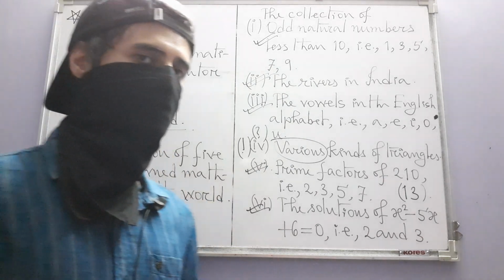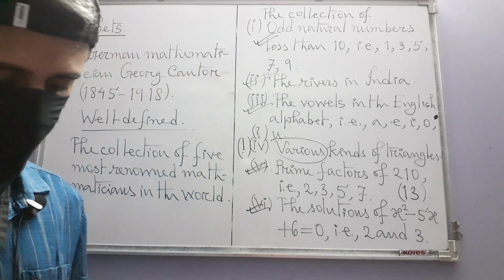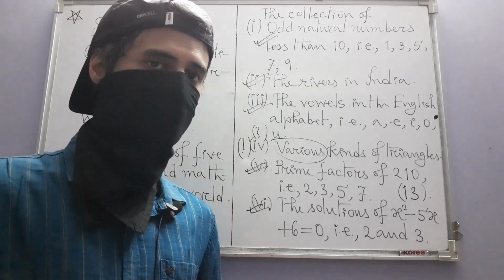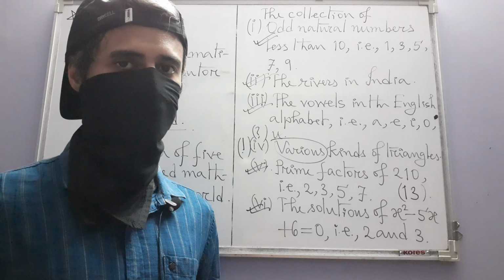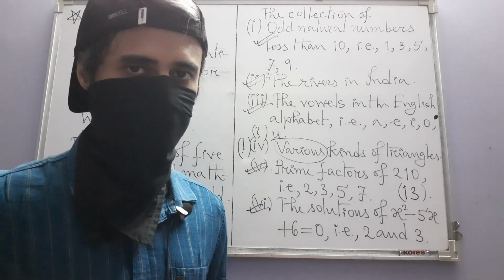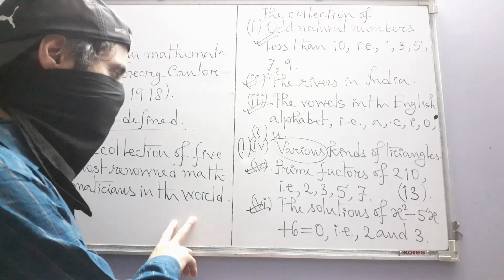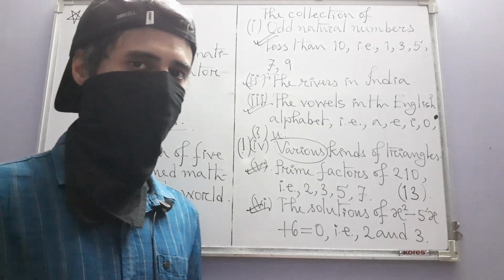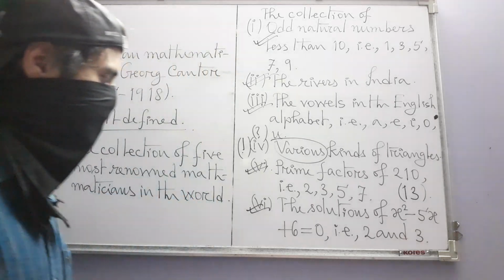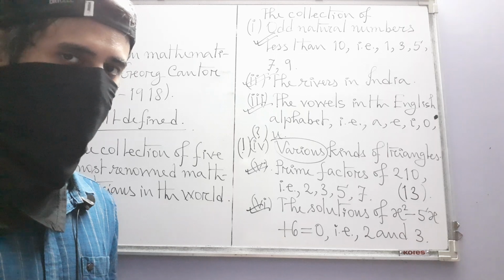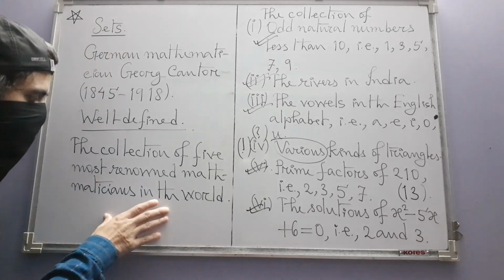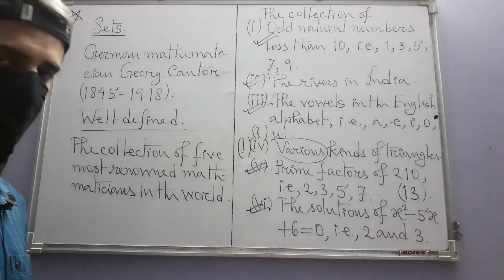This collection is not well defined because the criterion for deciding if some mathematician is renowned or not is not definite. Someone who is renowned for you may not be renowned for someone else. Okay, it becomes a subjective choice. There is no objectivity in deciding which mathematicians should belong to this collection.